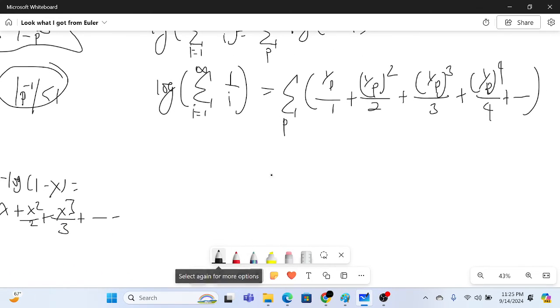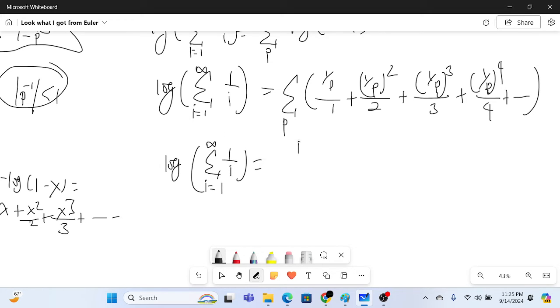Now we have to find the sum of this series. Log of the sum from i equals 1 to infinity of 1 by i is equal to the sum over p, and see, we have got the required sum over here: the sum over primes of 1 by prime. So you see, this has come into action now. I think we are closer now.